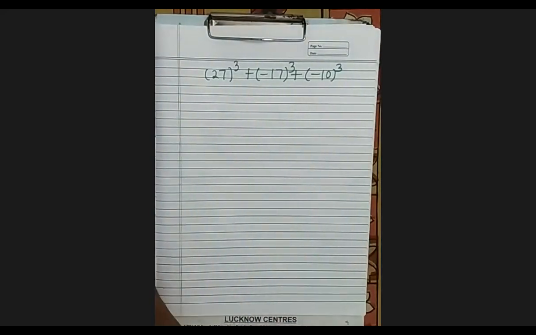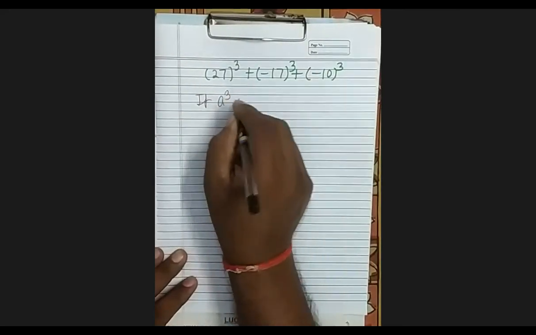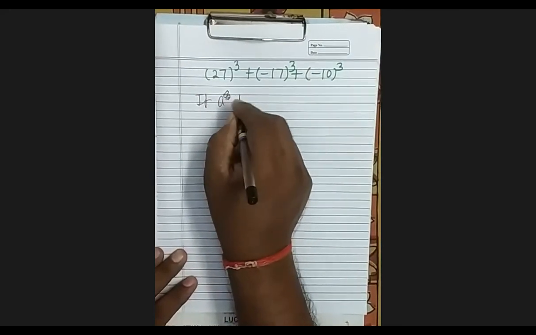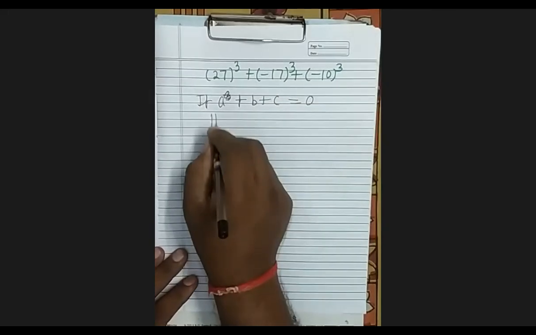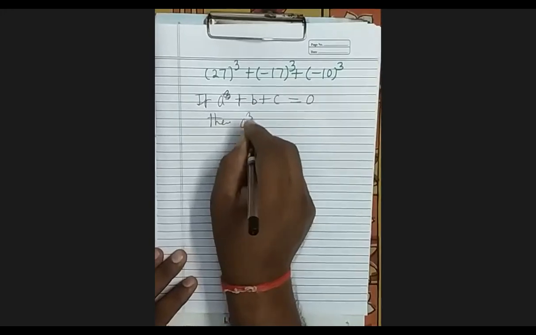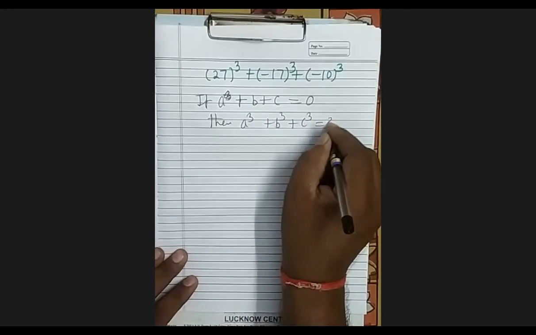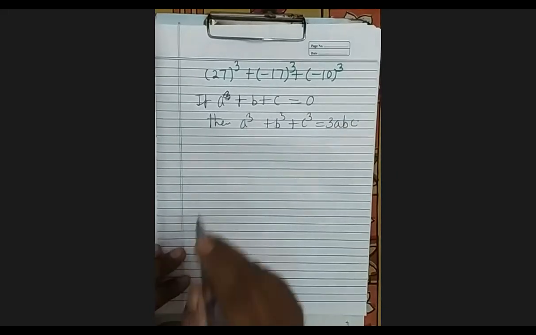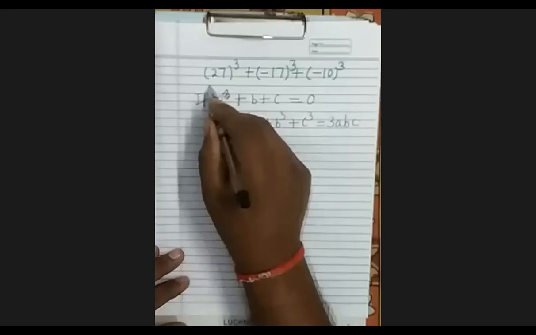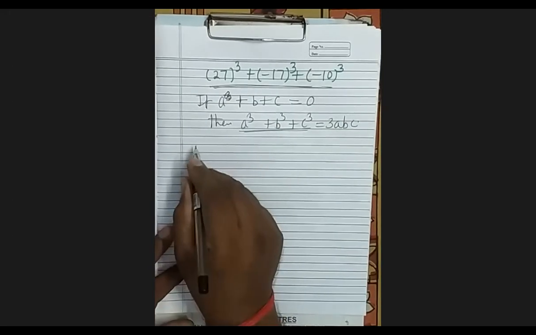So there is a formula. If a plus b plus c equals to 0, then a cube plus b cube plus c cube will be equal to 3abc. This is the formula. Now if you compare this with the question, what will you get?